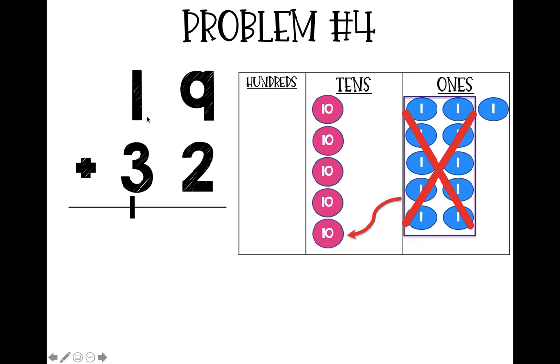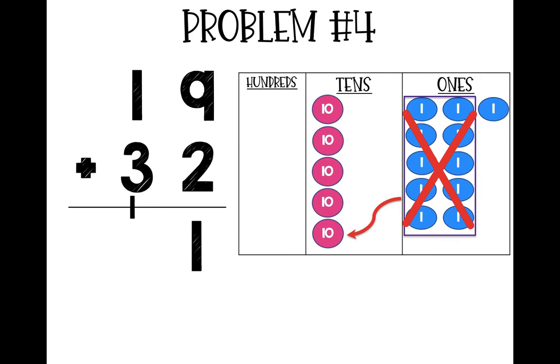We had one 10 plus 3 tens, but our ones gave us a new 10. Now we can look at our ones. How many ones do we have on our place value chart? Just one. So let's write that 1 below the line in the ones place on our vertical form.